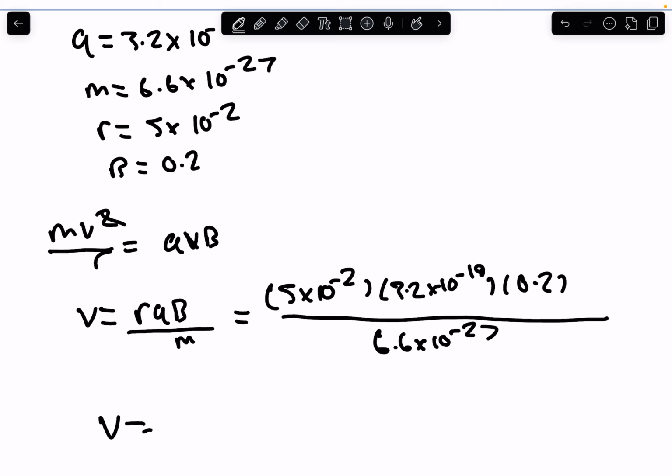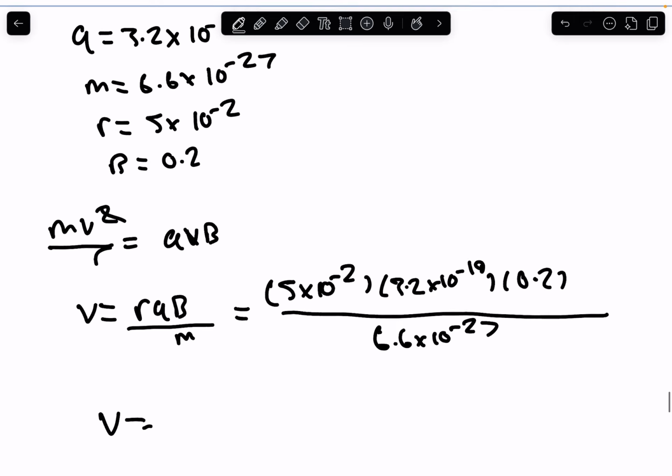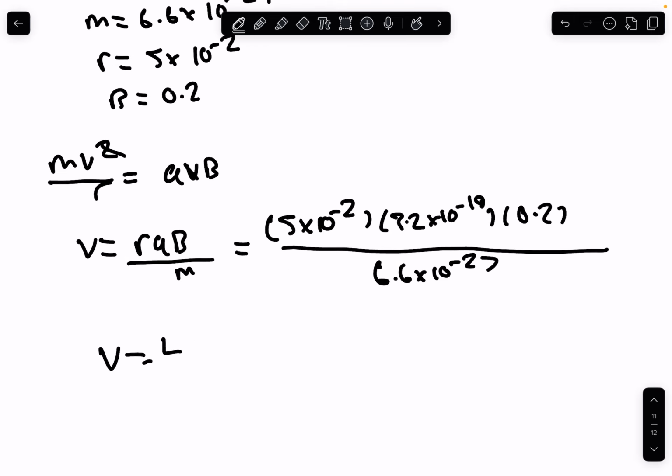Well, the answers given here are wrong, but it would be equal to approximately 4.84 times 10 to the 5 meters per second.